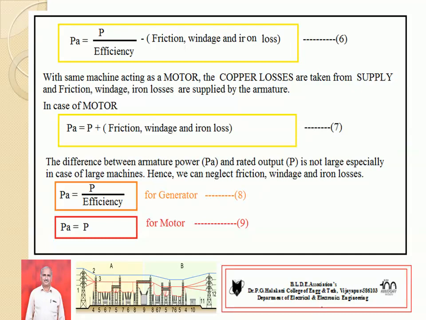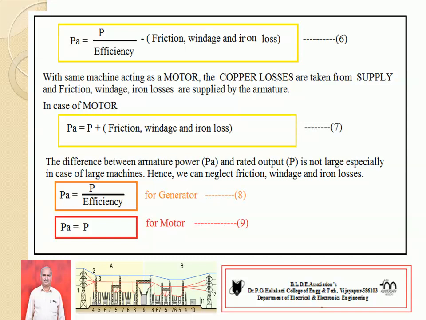With the same machine, if it acts as a motor, then copper losses are taken from the supply and friction, windage, iron losses are supplied by the armature, just reverse. Hence, in case of motor, Pa equal to rating of machine P plus friction, windage and iron loss. This is equation 7, and it can be used for motor.